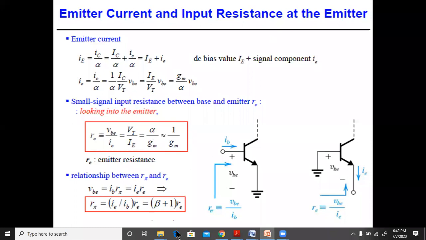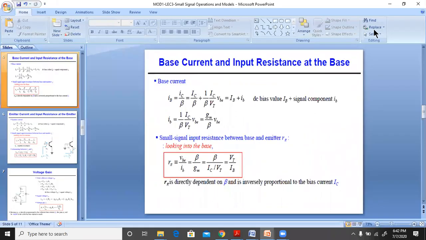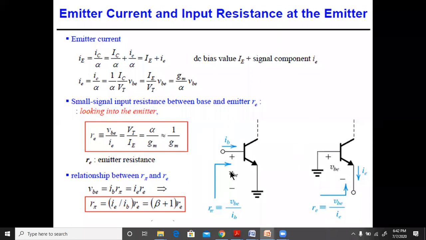And the relationship between both of them: one is beta by gm, another is alpha by gm. We can try to write the relationship between them. VBE is equal to IB r pi, and VBE is equal to IE re.